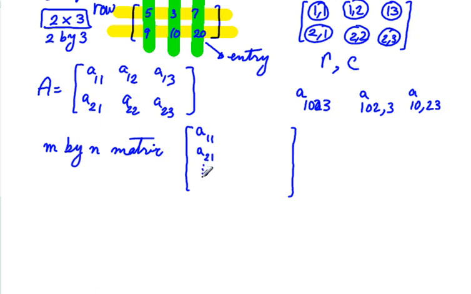So on I go until I reach the last row. If my last row is called row number M, then I'll have AM1. So depending on how many rows you got, the index of the last entry here is going to be determined by that.